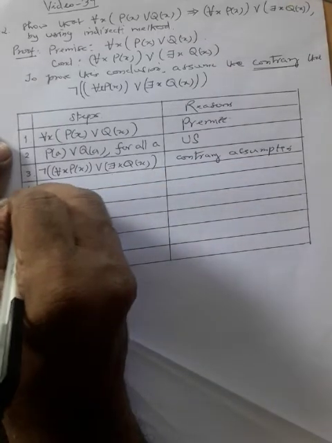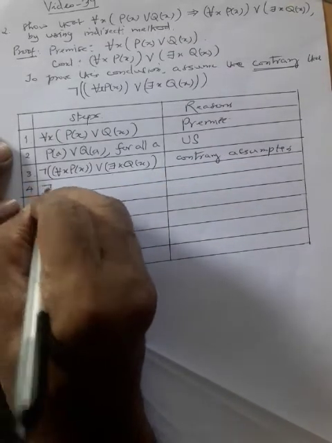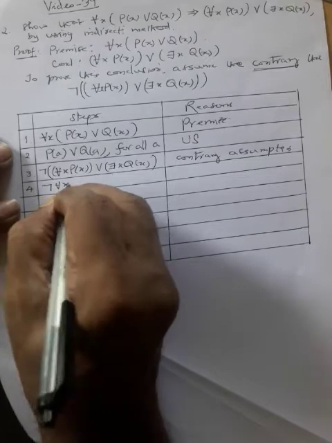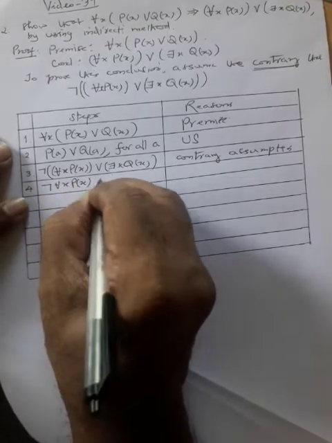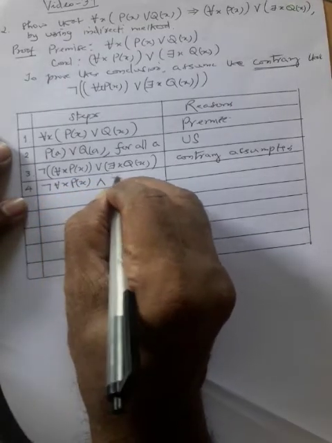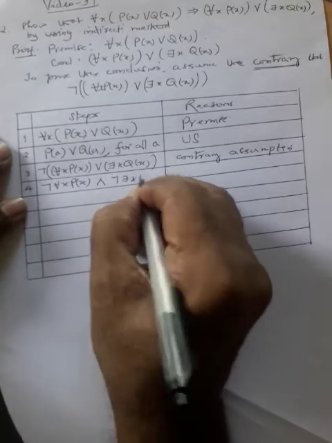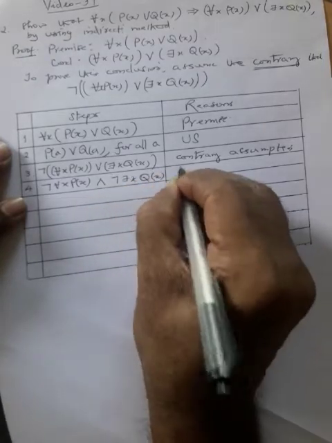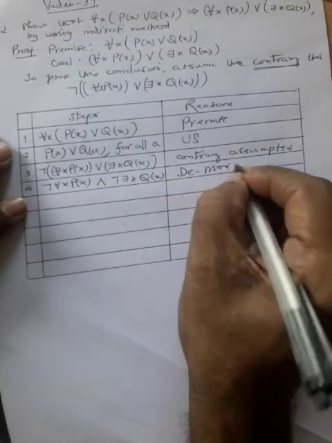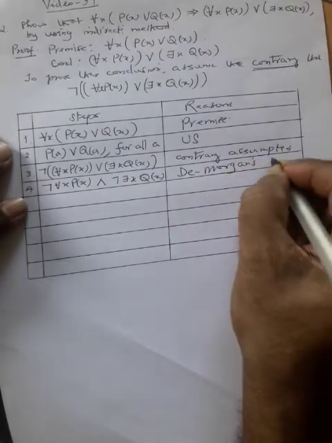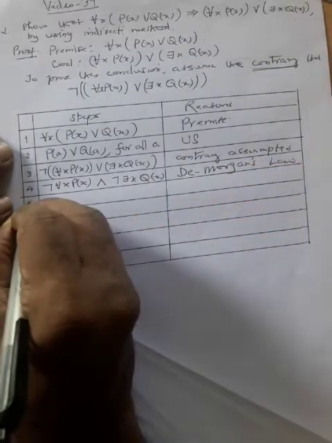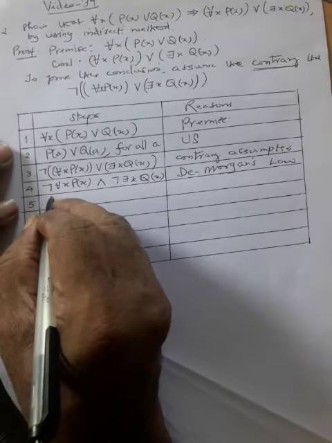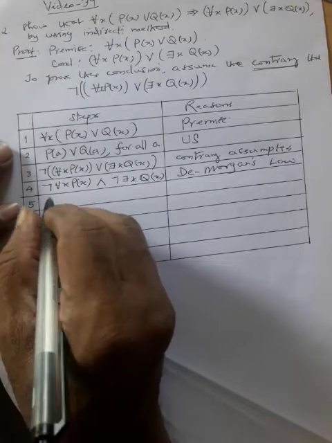If you apply De Morgan's law, you will get the negation of for every x, p of x and the negation of there exists x, q of x. De Morgan's law. Now we have the negation law for quantifiers.